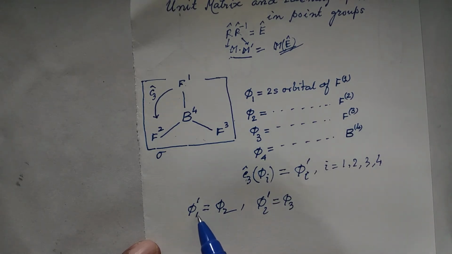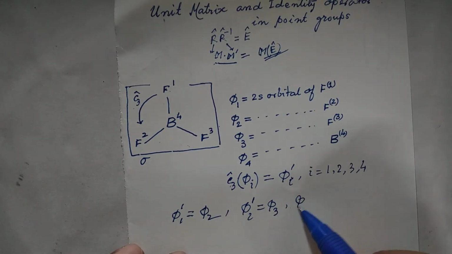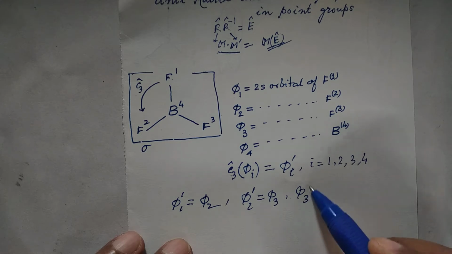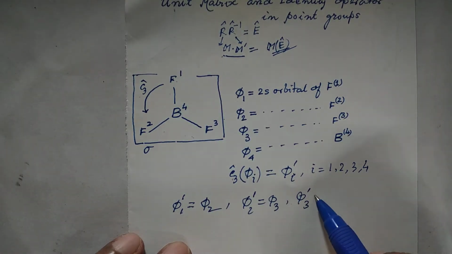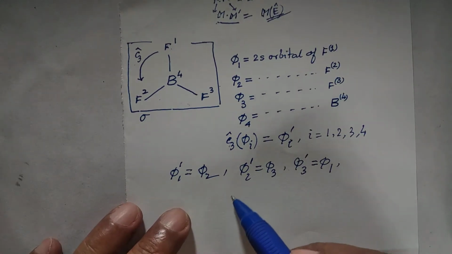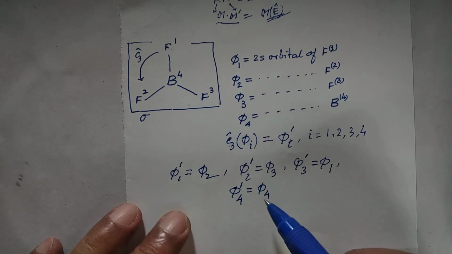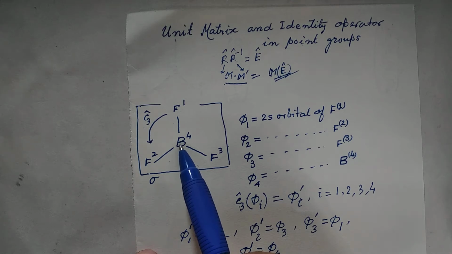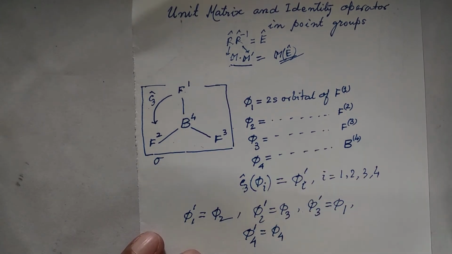Similarly, phi3 primed: 3 goes to 1, so the new form of phi3 is phi1. And what about phi4? Phi4 does not change. Phi4 primed is phi4 itself, because it is at the central position, situated on the axis of symmetry, and the 2s orbital is spherically symmetrical.